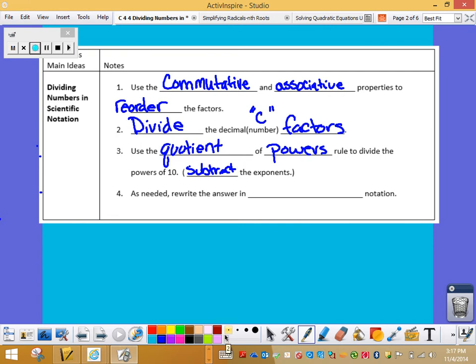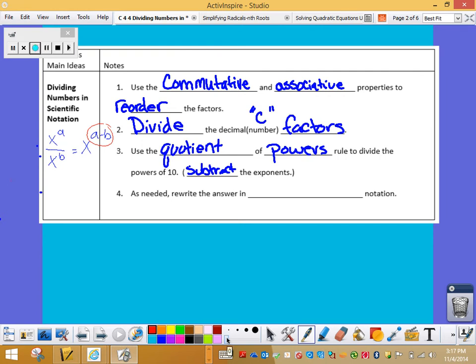So, for example, this is the rule we use. x to the a over x to the b equals x to the a minus b. So right here you can see that we're subtracting those exponents. And in this case, we're dealing with powers of 10, so your base will be 10.